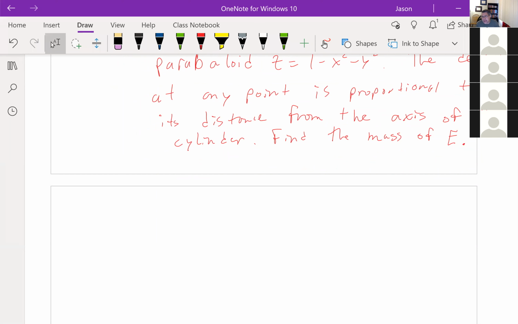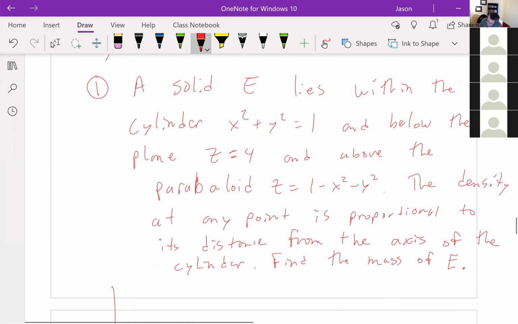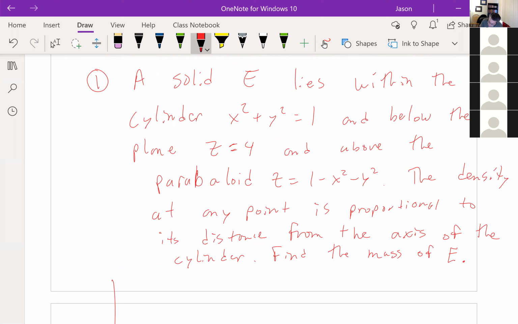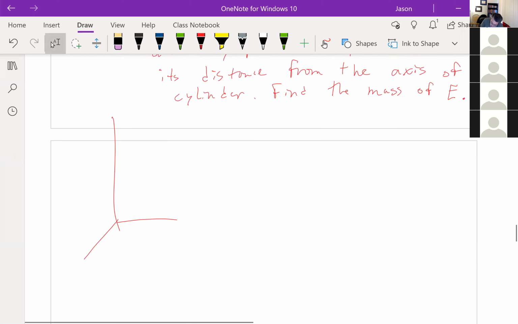Well, what is the distance to the axis here? Let's look at what's going on. We're saying that this lies within the cylinder X squared plus Y squared equals 1. What is that? That's the unit circle, but it goes infinitely in the z direction.